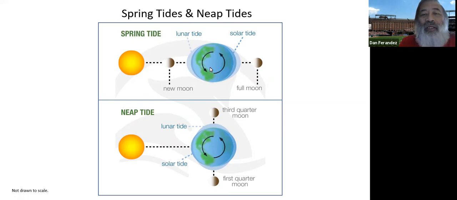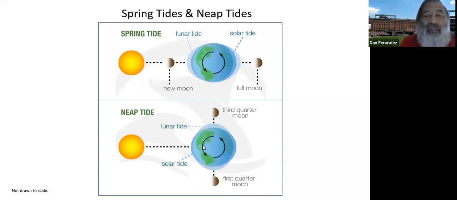Since it's the moon that has the most significant effect when it comes to tides, because of the gravitational attraction between the Earth and the moon or the Earth and the sun, in the spring tide you have an additive effect between the sun and the moon. So the tidal bulge from the sun and the tidal bulge of the moon add, and you get the highest high tides. High tides would be on this side, and then on the other side would be the lowest low tides.